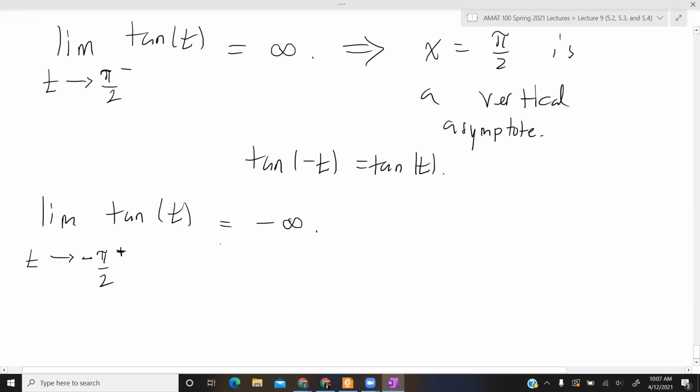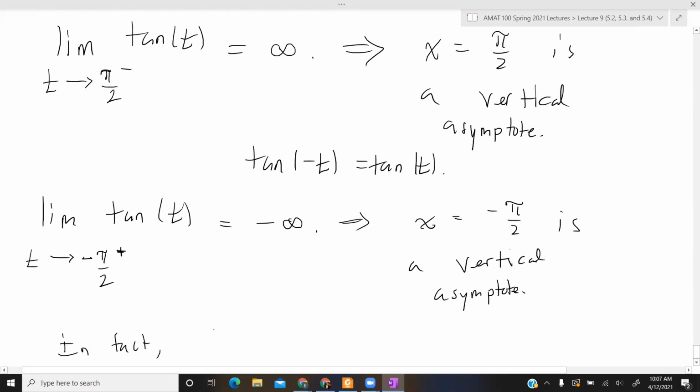So what this implies is that x equals pi over 2 and negative pi over 2 are vertical asymptotes, and in fact pi over 2 plus n pi is a vertical asymptote.